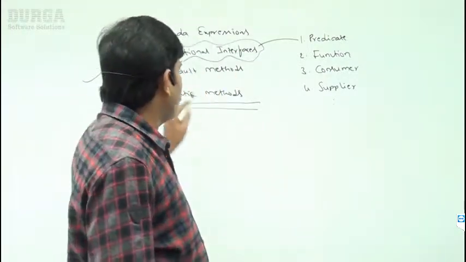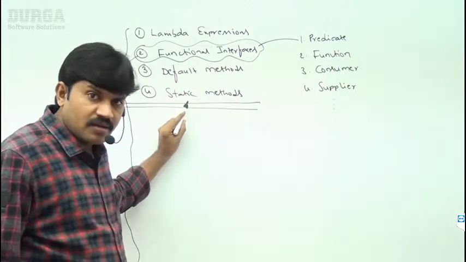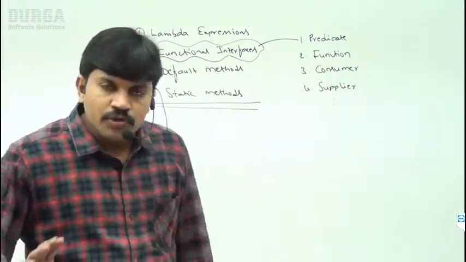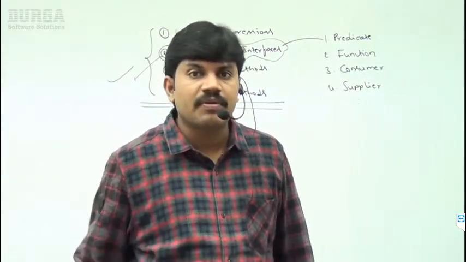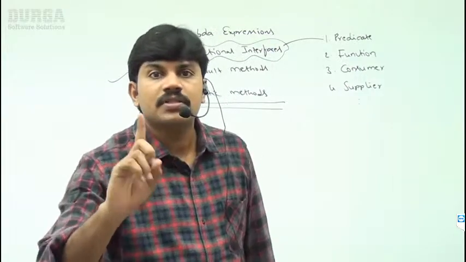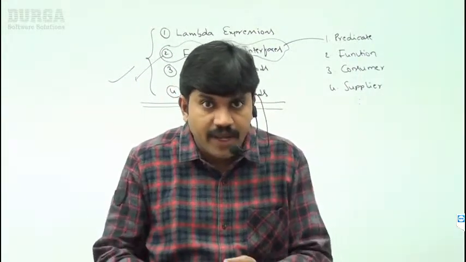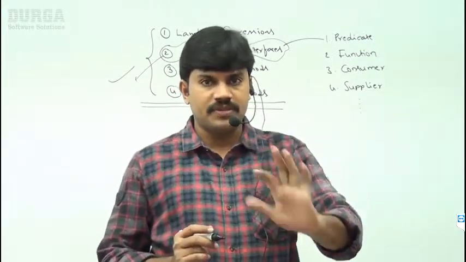Yes. Can I take static methods? Yes. So inside a functional interface, we can take any number of default methods and static methods, but it must contain a single abstract method. Is it clear?